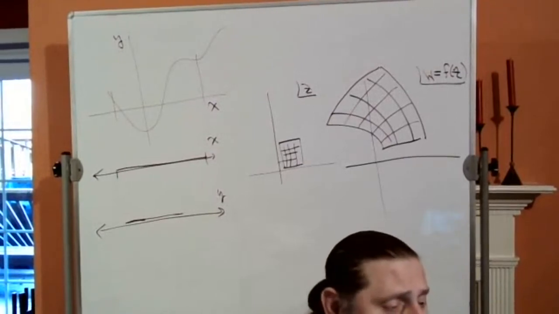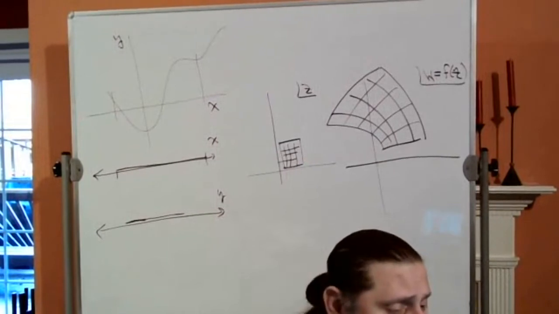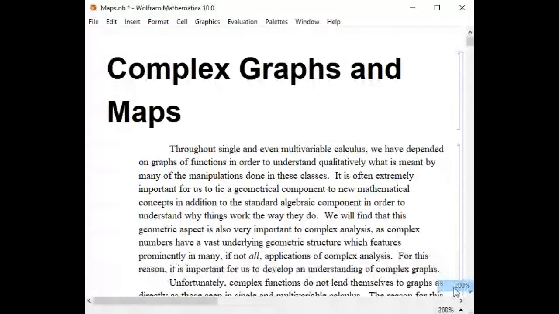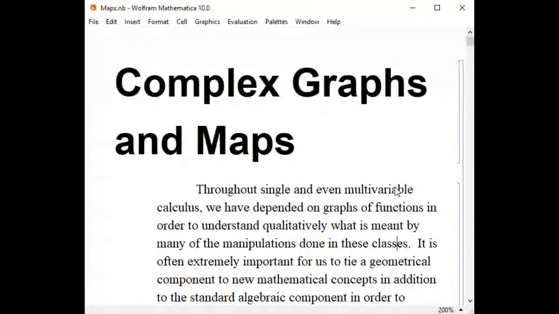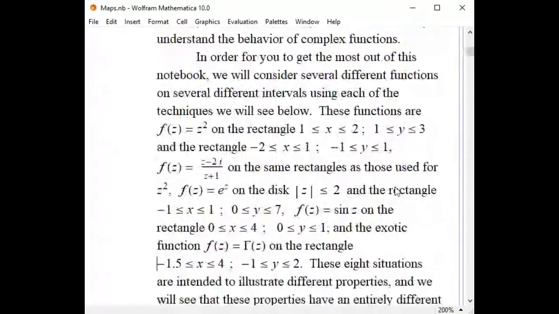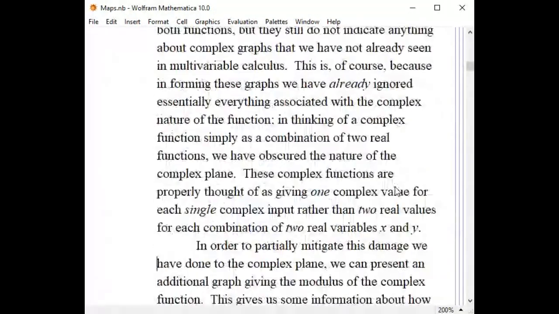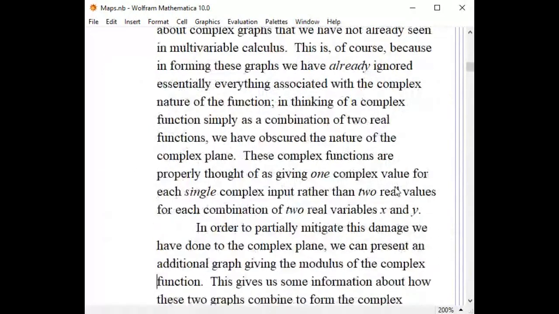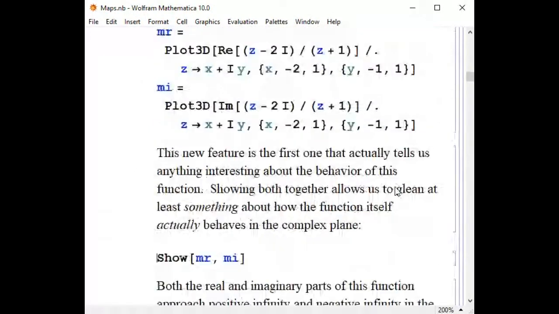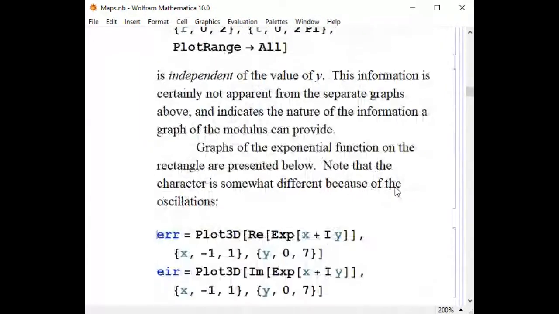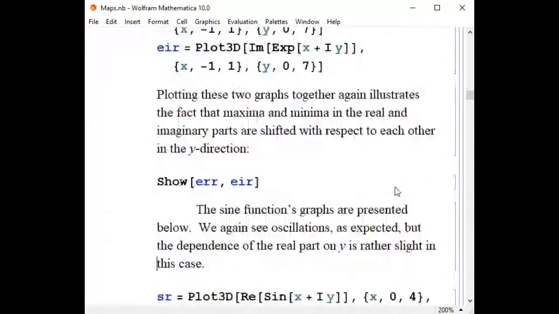This is a Mathematica notebook that I have not yet put up, but I will put up on Blackboard this afternoon, so that you can look at it at your leisure. All right? With a lot of these Mathematica notebooks, I talk a lot. You don't need to read all of this, but you can if you want to. It's like me doing class again.